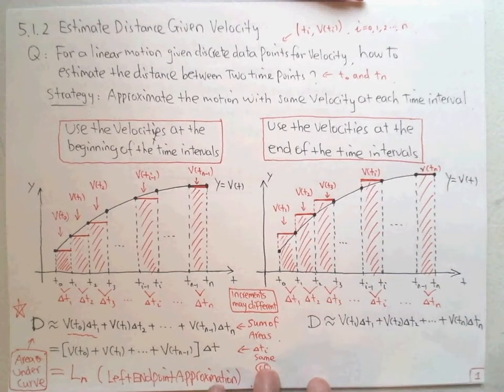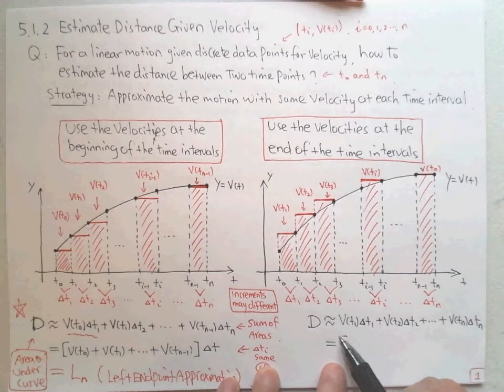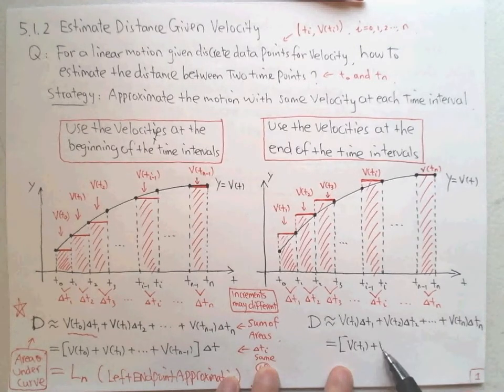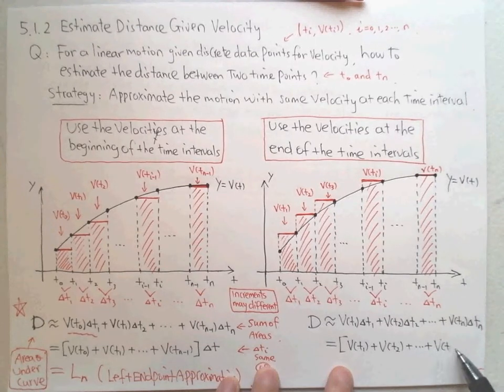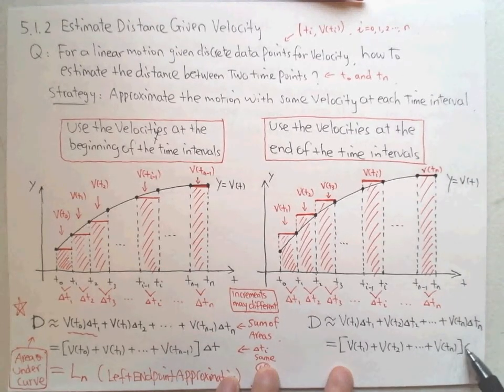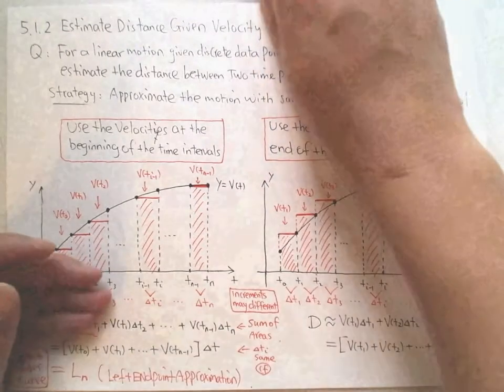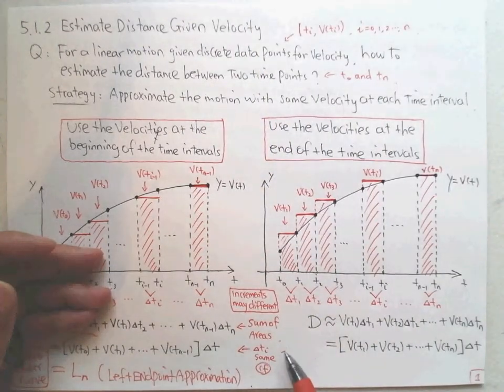So we know this is the sum of the areas. And in the special case, if all the delta t are the same, we can put v at t_1 plus v at t_2 plus all the way to v at t_n, times delta t. That means what?